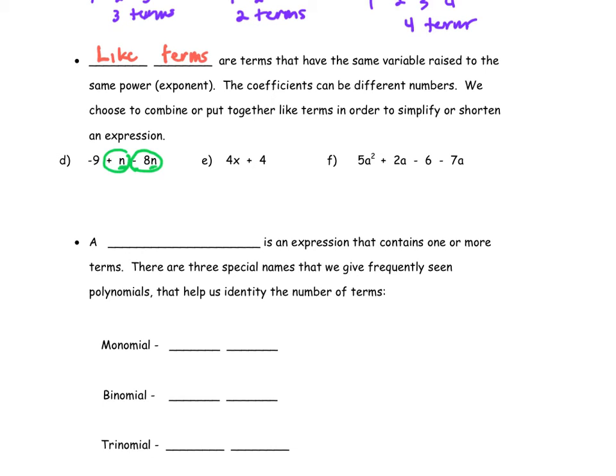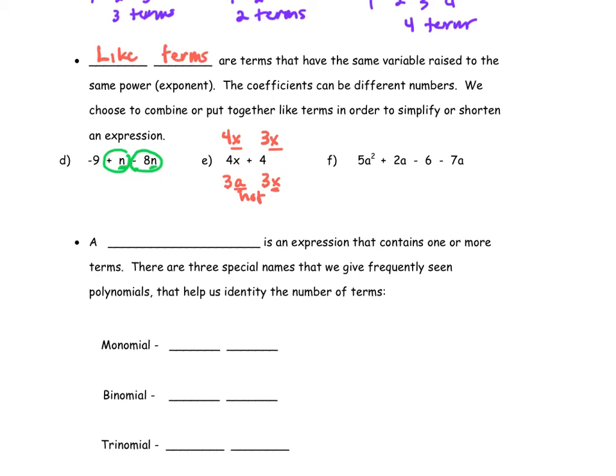If I had, let's say, 4x and 3x, these are like terms because of the x. But if I had 3a and 3x, they're not like terms. Because it's the variable that we're looking at, not the 3.